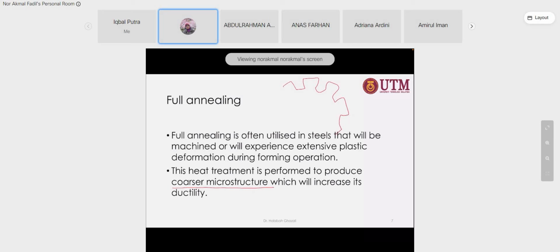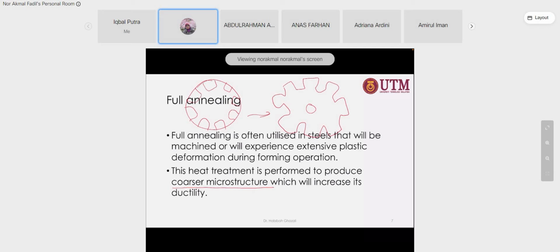After casting, or maybe it depends. If it is casting, it's okay. But if it's coming from, let's say this is a complex shape of structure. Before it becomes like this, it looks like this, all right? And then you cut it extensively at this region.